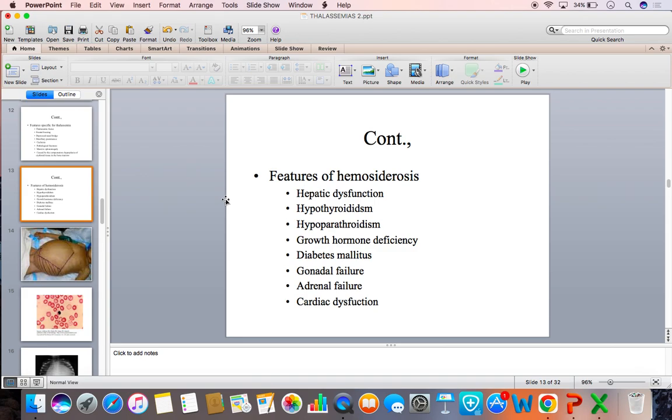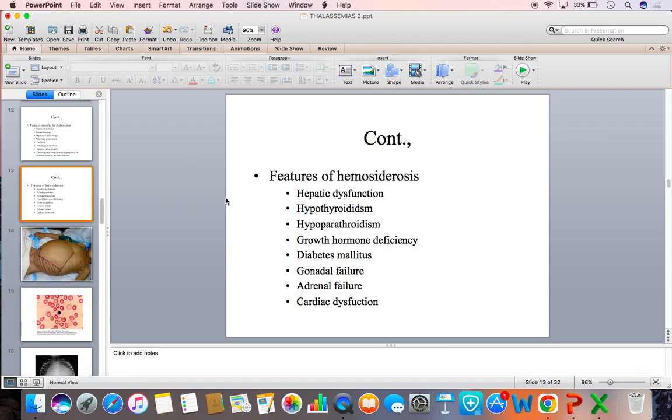At the same time, if you provide the patient with blood transfusions, over time there is iron overload and hemosiderosis and its manifestations. So that is the reason why you have to decide the steps of management. So you treat the patient with blood transfusions and provide iron chelation in order to reduce the transfusion-related hemosiderosis.